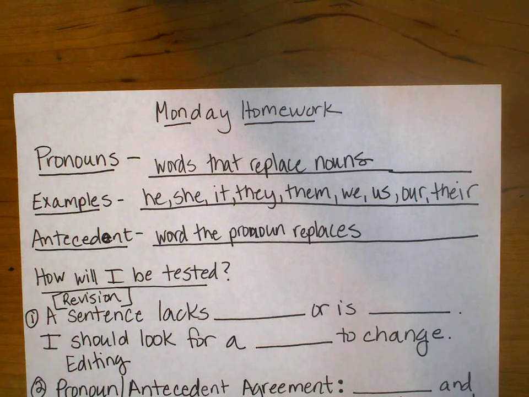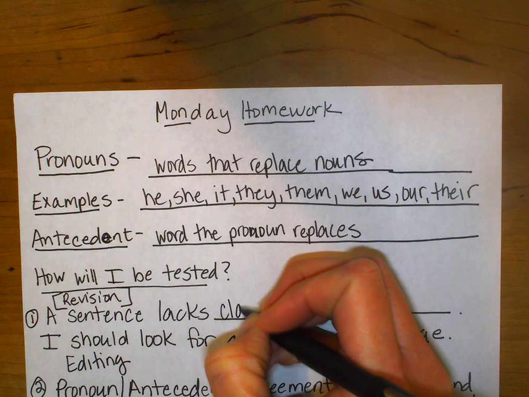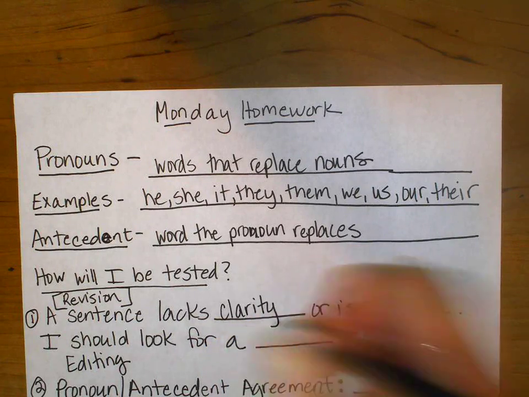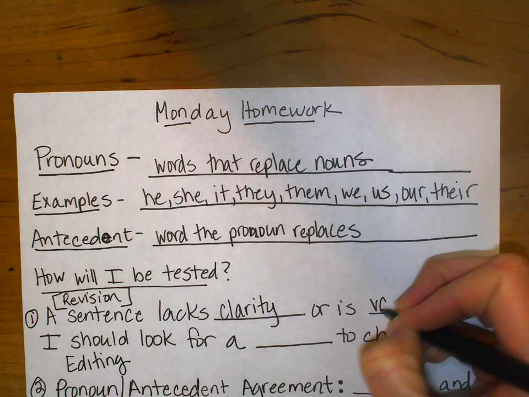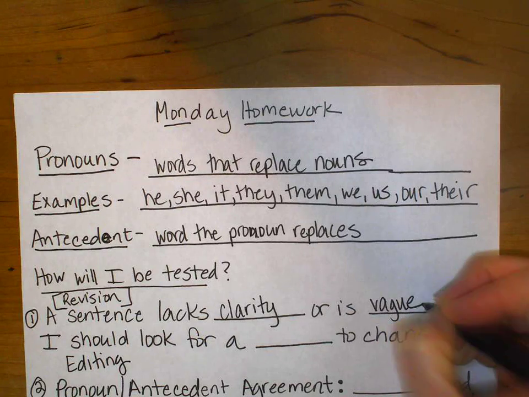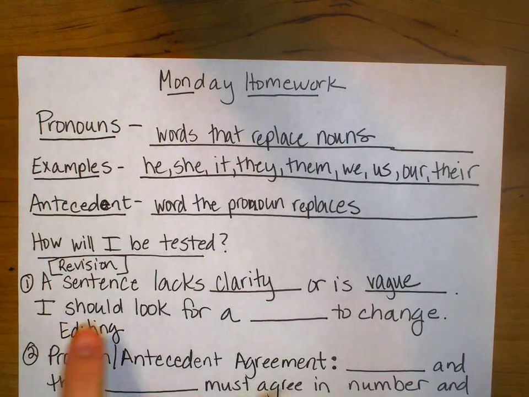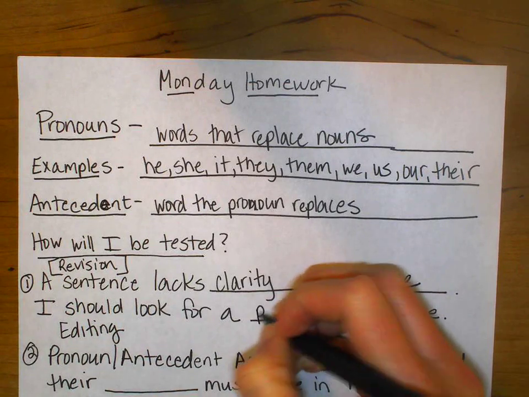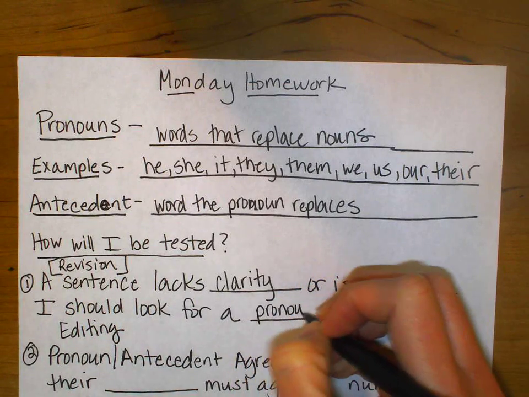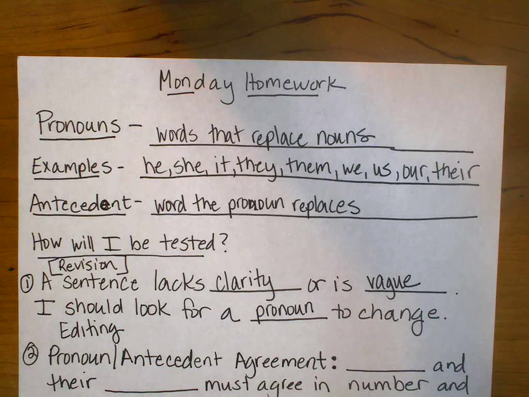You're going to see a question, and the question will say a sentence lacks clarity or is vague, and that should make you think, okay, I probably should look for a pronoun to change. Okay? So I'm going to show you an example of that from a previous test.